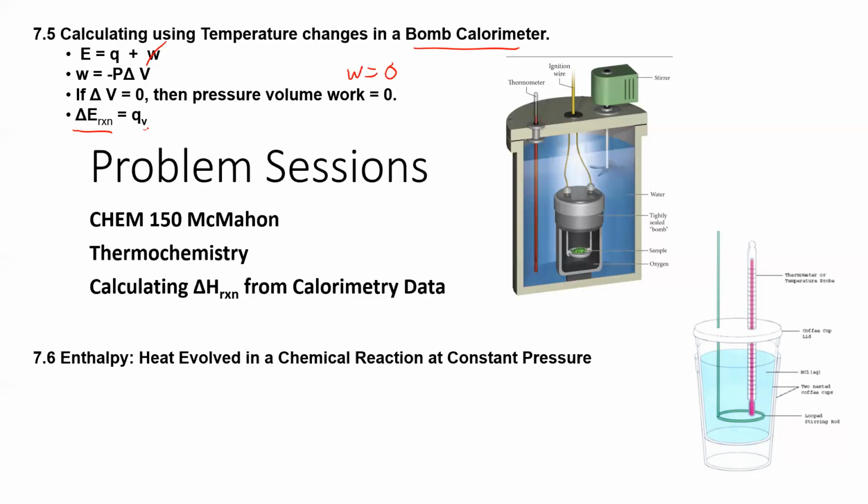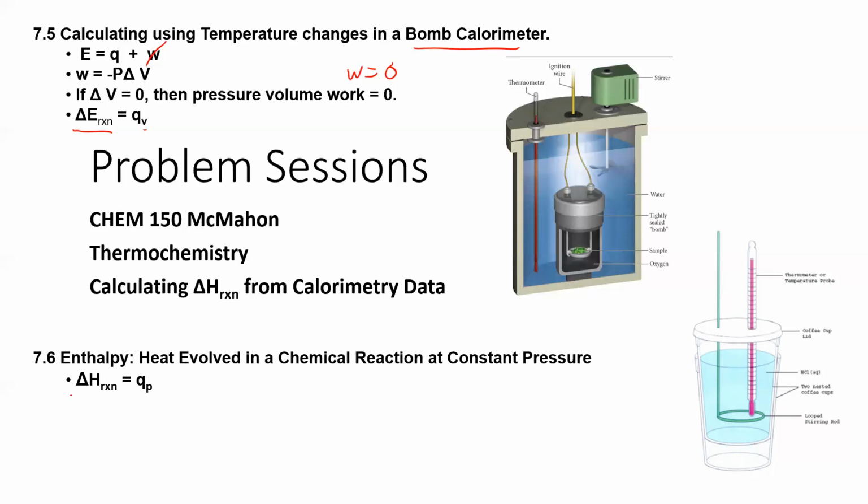With coffee cup calorimetry, constant pressure, if there are changes in volume, they're typically going to be small. So we're still measuring temperature changes of the surroundings, but now we're setting it equal to the enthalpy of the reaction at constant pressure.